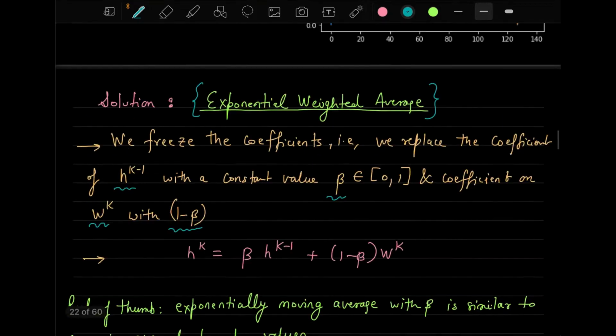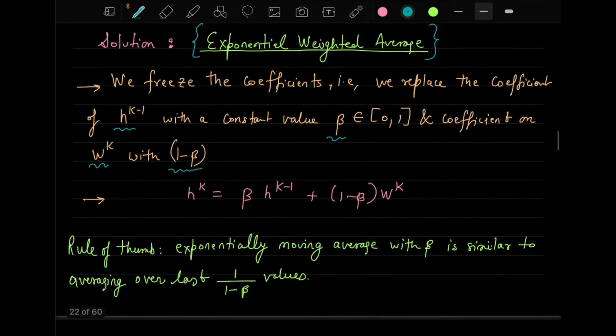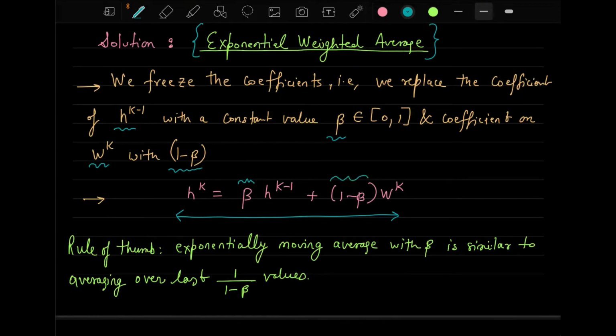So this is the same as this equation which is given over here, but the only difference is that k minus 1 divided by k will be replaced by beta, and 1 by k will be replaced by 1 minus beta. So once we do that, you will get this expression. It's very simple. You are just replacing k minus 1 by k with beta and 1 upon k with 1 minus beta.